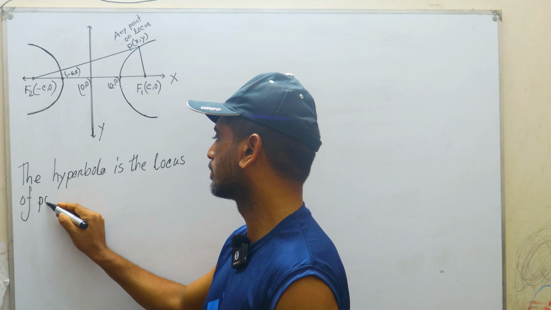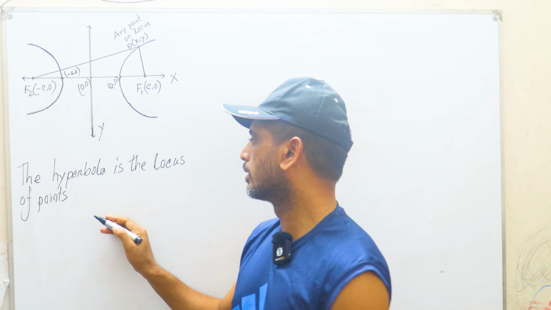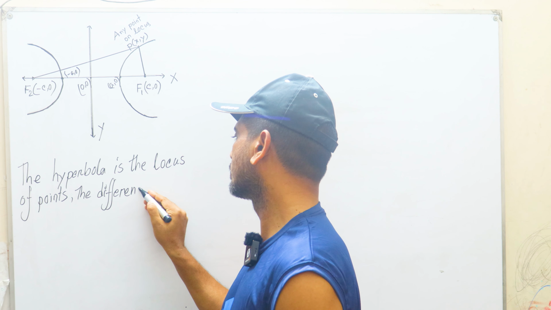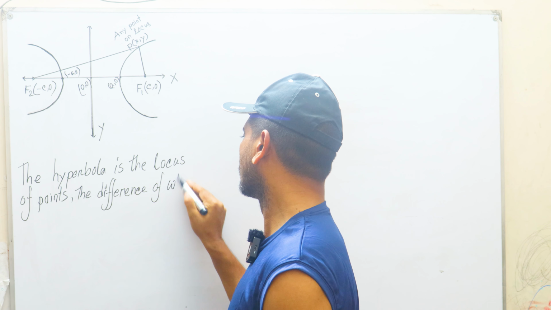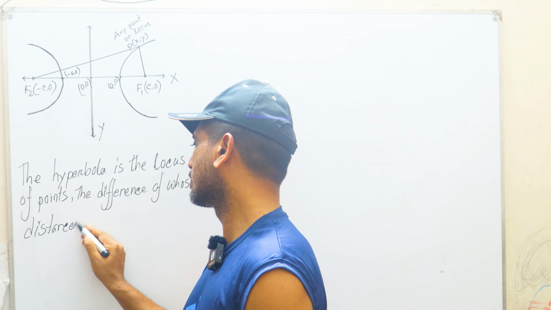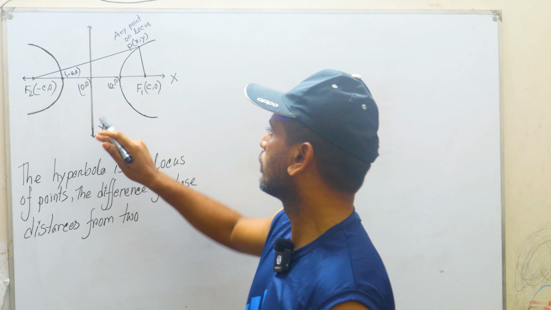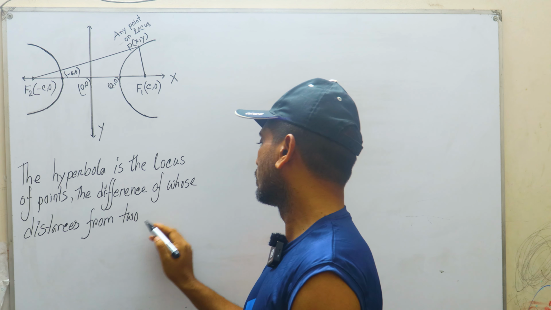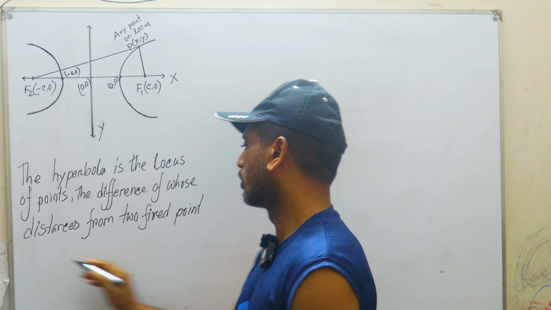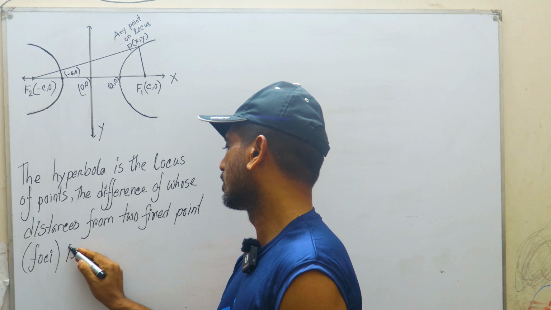The locus of points, or set of points, or you can say collection of points, the difference of those distances from two fixed points, here F1 and F2, which are known as foci, is constant.